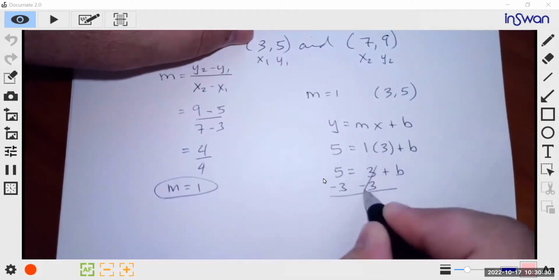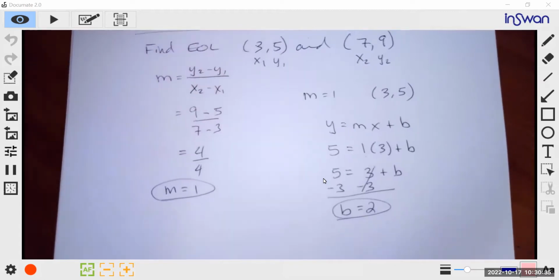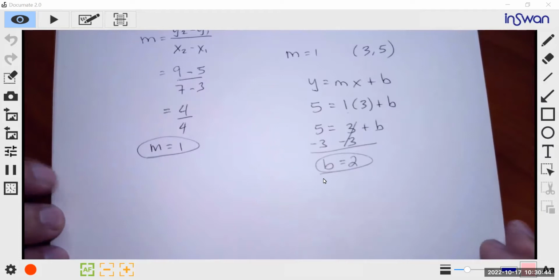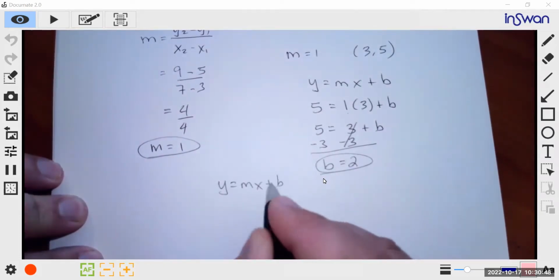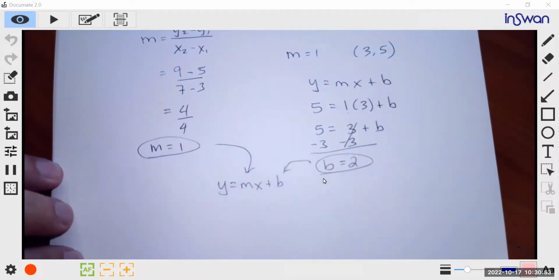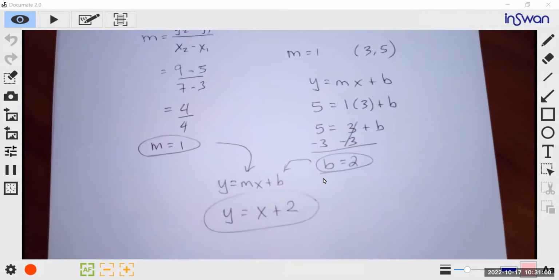Subtract 3. B is equal to 2. Now just put in what we know. 1x plus b, which is 2. There's my answer. That's the line that connects both of those dots.